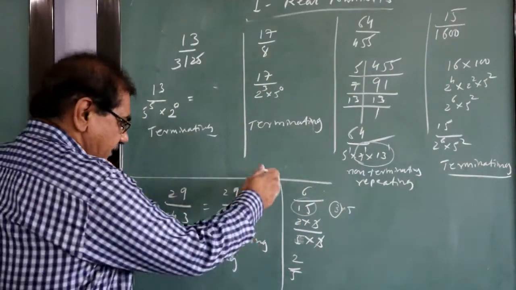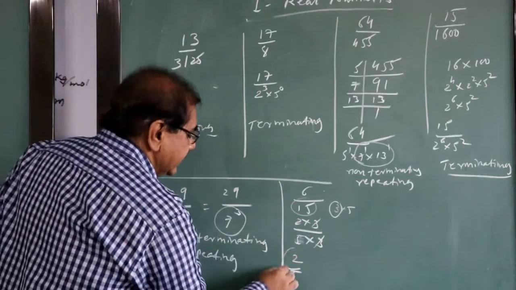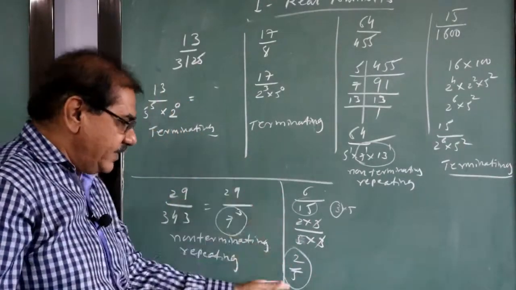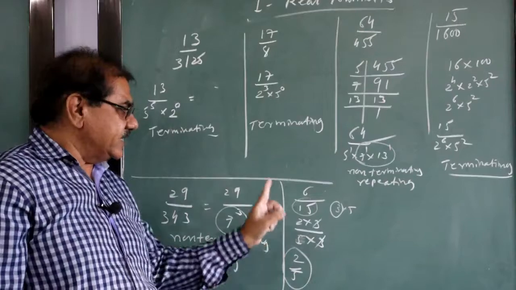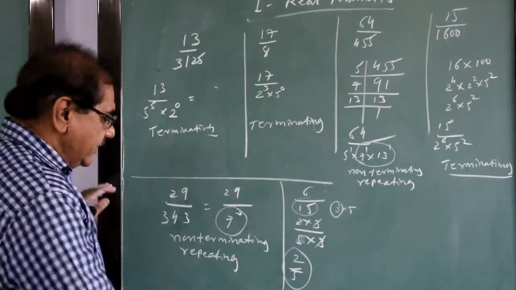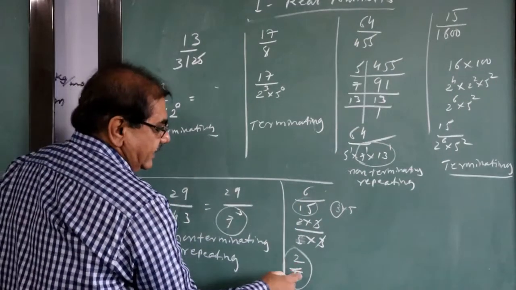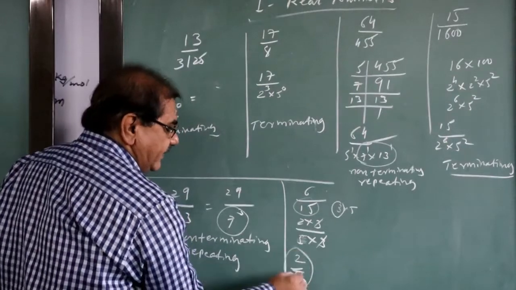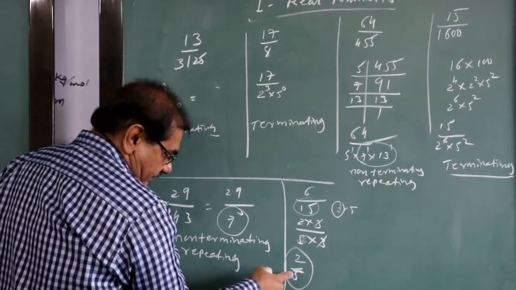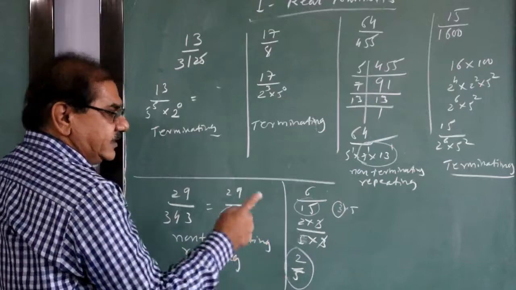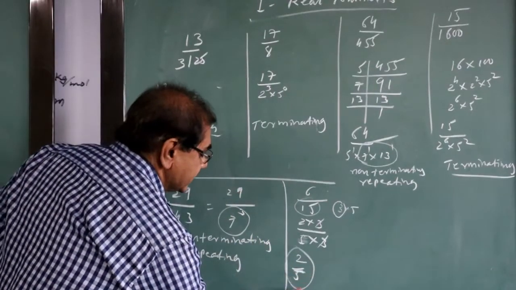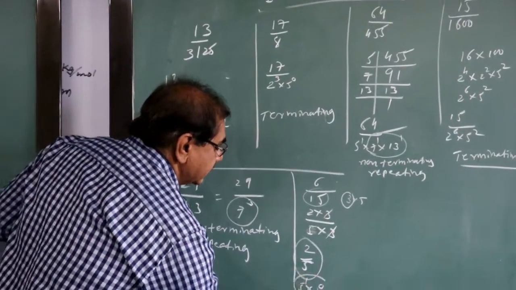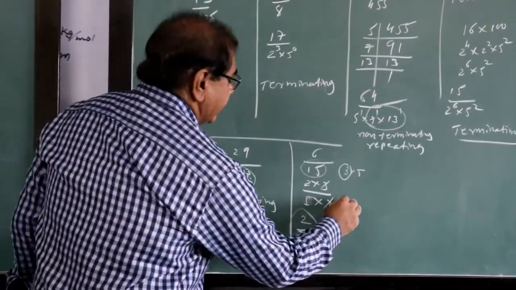Don't say like this. First of all, simplify it, get the reduced form, and finally decide whether it is terminating or non-terminating. So here, after simplifying, in the simple fraction p upon q the prime factorization of q is in the form of 5, that is 5 raised to 1 into 2 raised to 0. So it is terminating.